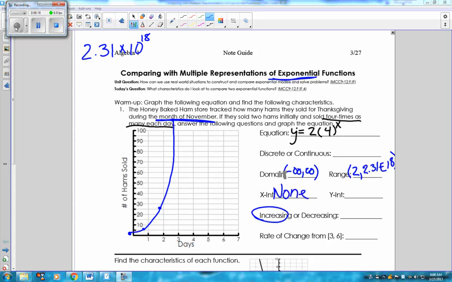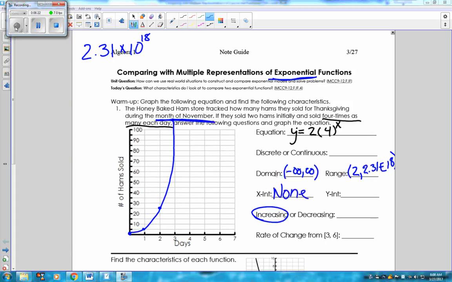Alright. Now, this is a little off. Y-intercept. What's my y-intercept? Where it crosses the y-axis, which is 0, 2. It touches.